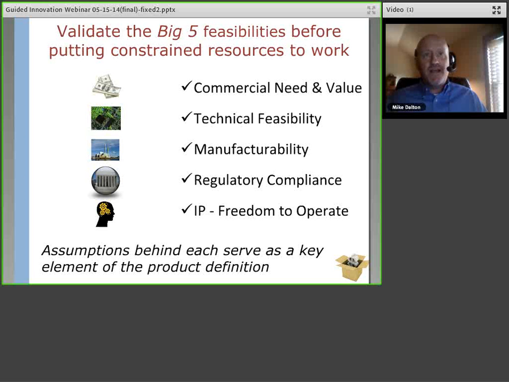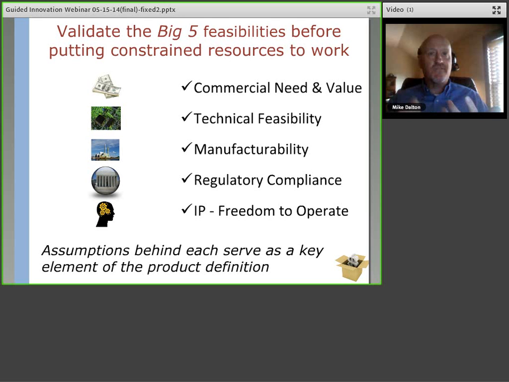And part of the way that they weed out projects is looking for fatal flaws in terms of what I call the big five feasibilities. Right? And so that's commercial value, technical feasibility, manufacturability, regulatory compliance, IP, and freedom, and from an intellectual property standpoint here, we're talking about freedom to operate, not about patentability.